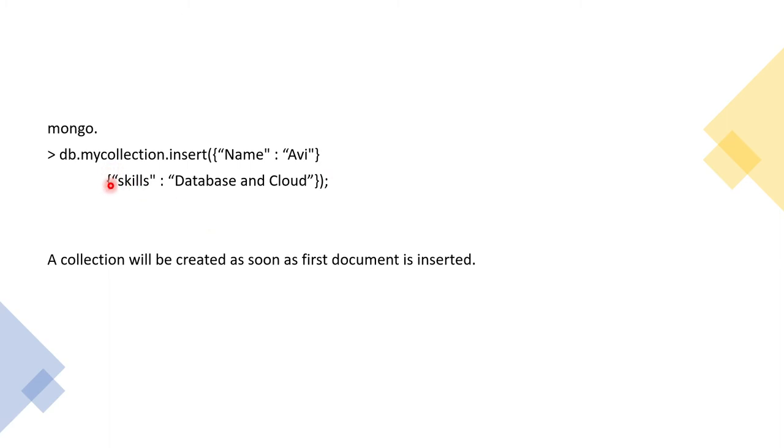Multiple documents will start with the curly bracket. Then everything has to be closed with the round bracket and semicolon. So when you say db dot collection name dot insert, if there is no collection already existing, then it is going to create a new collection.